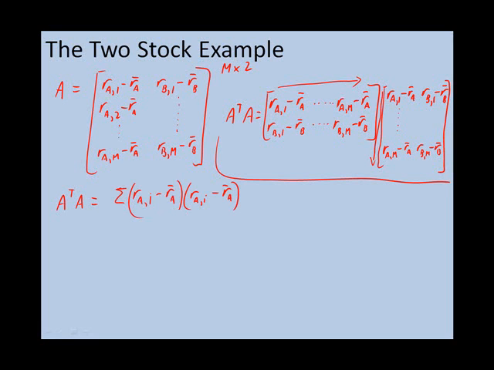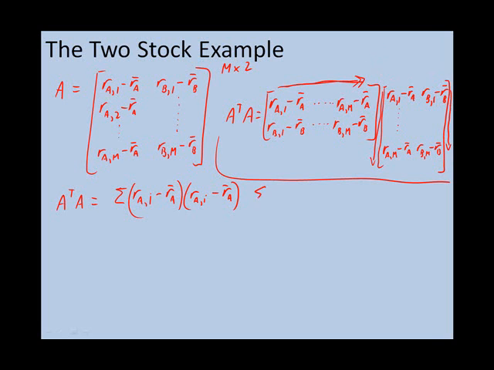Now let's consider what we should put into row 1, column 2 when we do our A transpose times A. We're going to look at multiplying RA minus RA bar, all multiplied by, well, now we're looking at the second column, which is our asset B information.